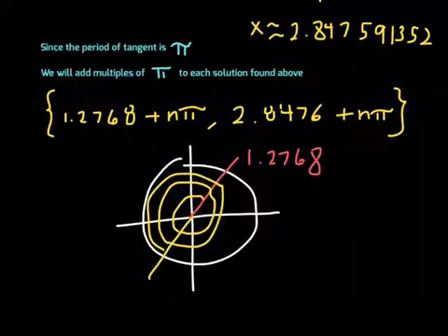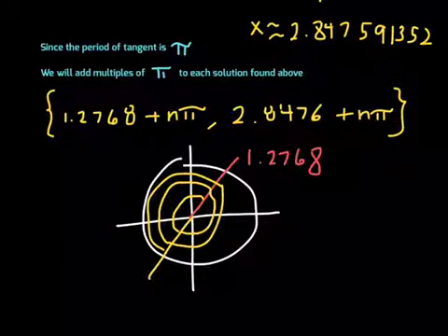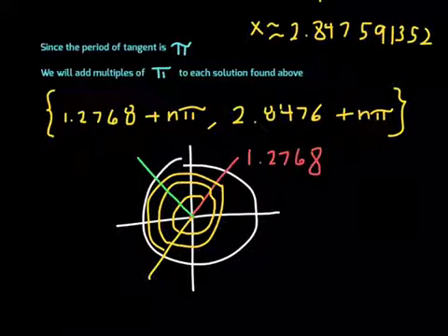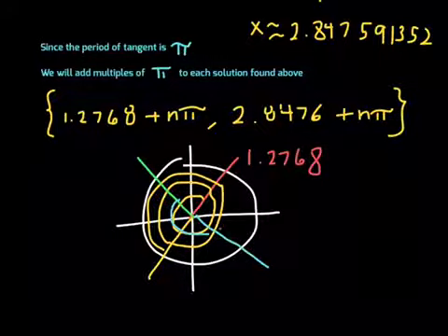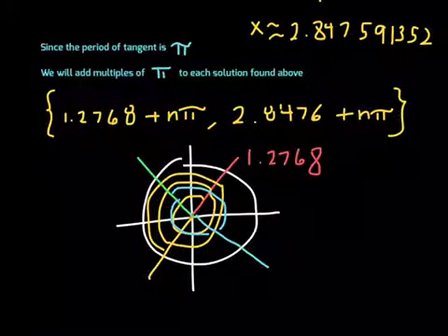Now, as far as 2.8476, we are in quadrant 2 somewhere, right? Because of that radian measure. And when I add pi to that, I end up over here in quadrant 4. Add pi again, I get something coterminal with 2.8476.